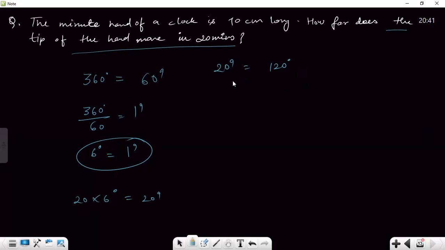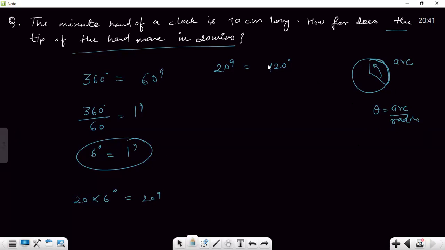So this is given in degrees. But we know a formula. We have to calculate the distance, and we know this is the arc. Theta is equal to arc upon radius, where theta is in radians.